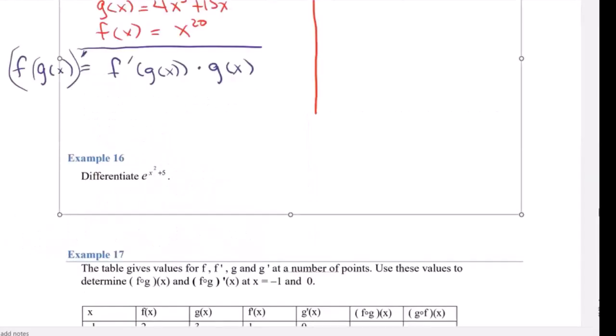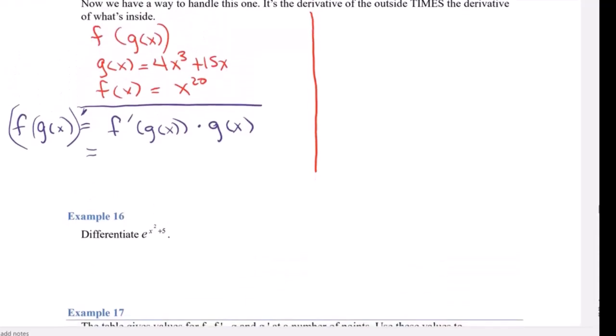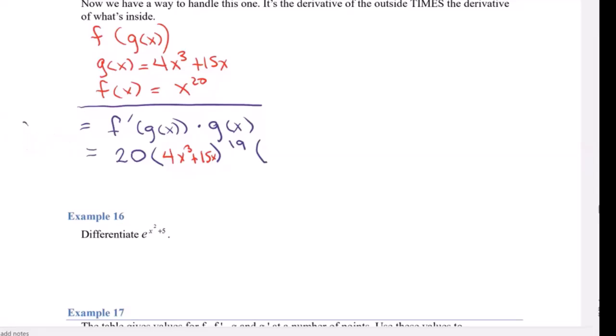Now, this is equal to, I've already pretty much got things here. So f prime of g of x is equal to 20 times something to the 19th power. And what I plug in there is g of x. And then I'm going to multiply by g prime of x. If we have f of g of x, and we want to take the derivative of this, that's our formula.